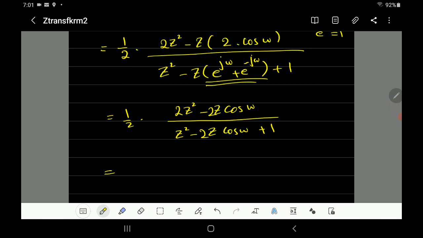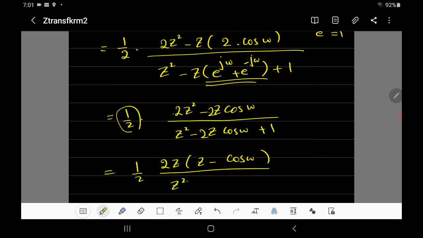And if you want to reduce more, you can, because you have z in common. So you have half, you have 2 and 2. If you take 2z as a common factor on the top, you get z minus cosine omega, divided by z square minus 2z cosine omega plus 1.